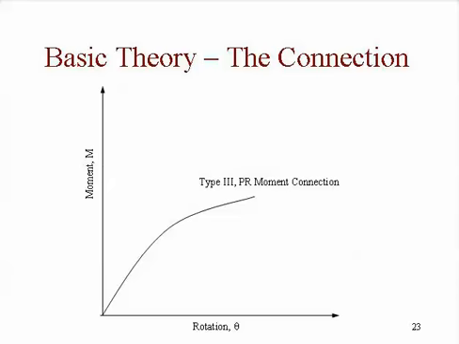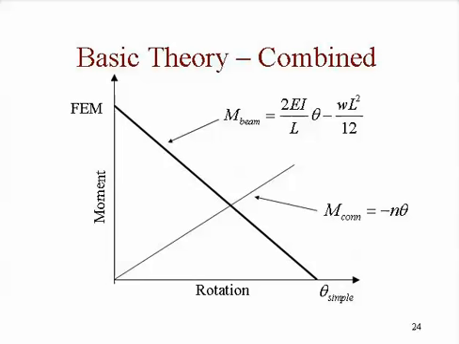And if we superimpose then the beam line and the straight line connection, we find equilibrium right there. Okay? So if we set these two equal, we can determine first what's the rotation at that point of equilibrium.